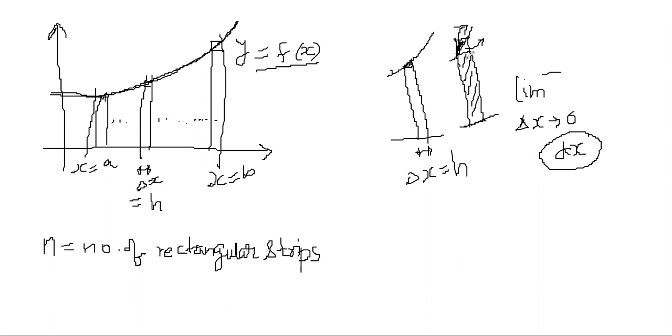So basically the smaller rectangle and the bigger rectangle both will merge and they will become equal to the area of the curve with the x-axis, which we can of course show mathematically also.